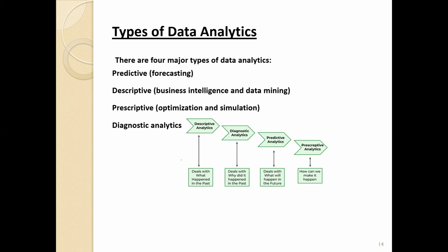Next one is prescriptive: how can we make it happen? Based on the past experience, past improvement, and past results, what things can be done to improve? This way of thinking is called prescriptive analytics.